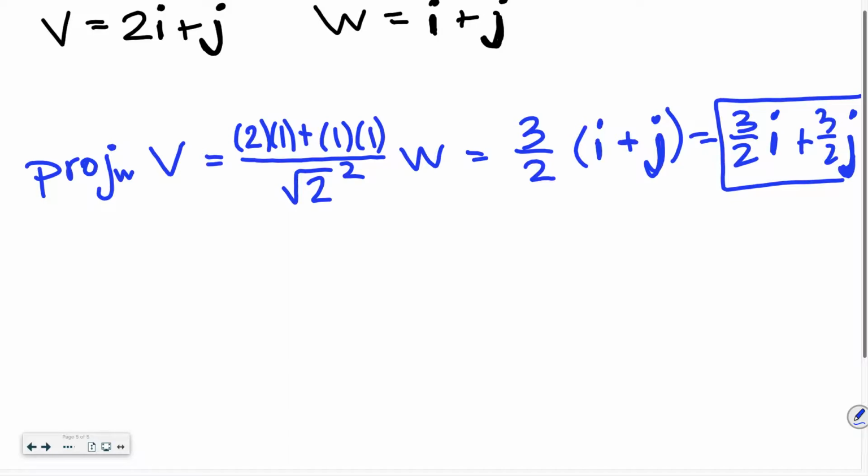Now, if we want that other vector that's perpendicular to this, right? We are going to take our vector V and subtract our projection vector.